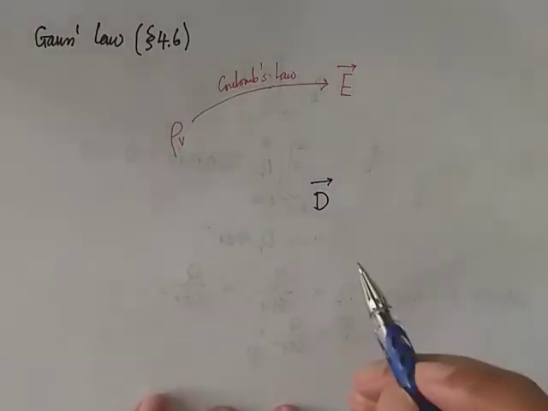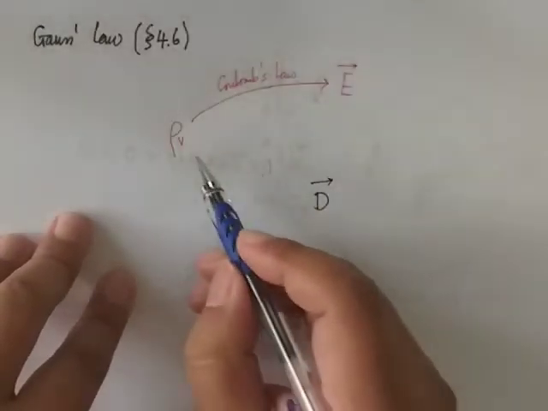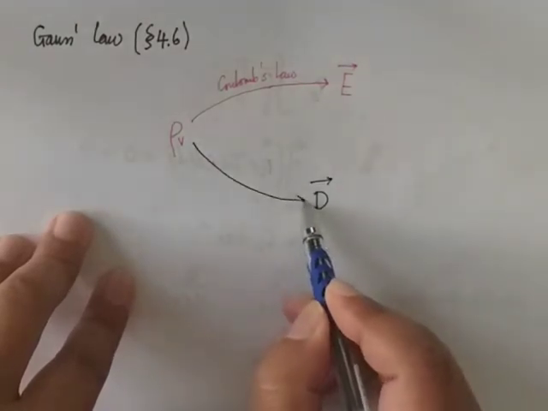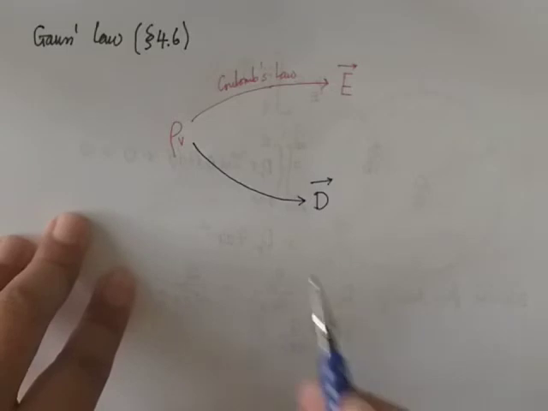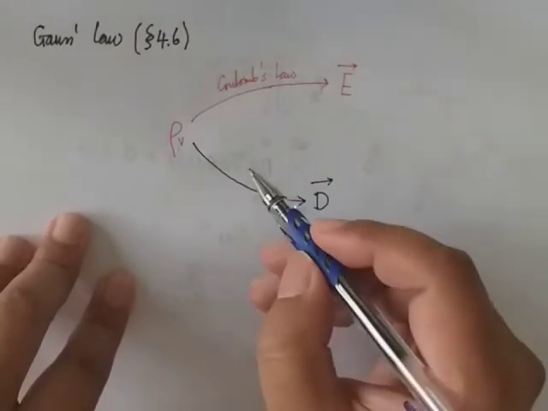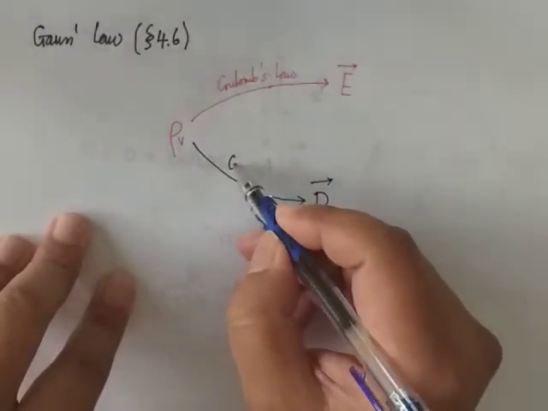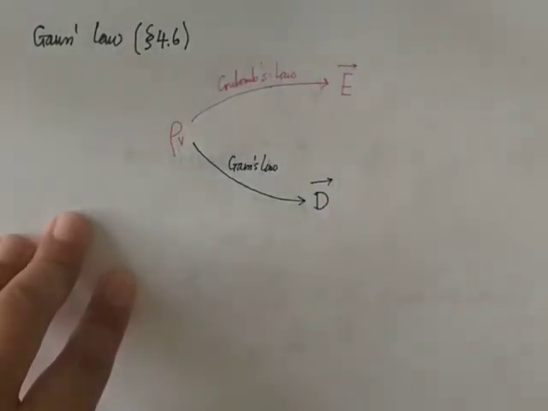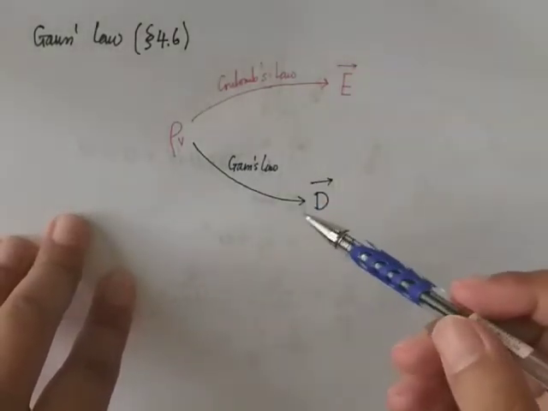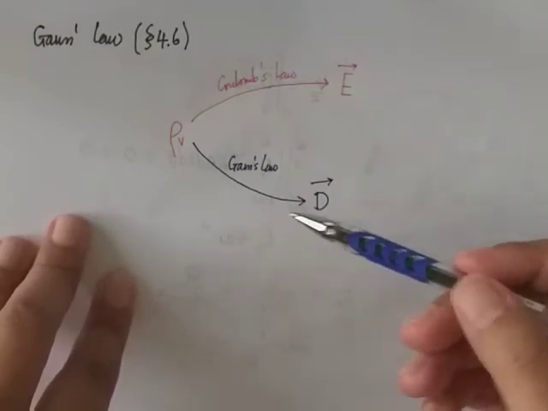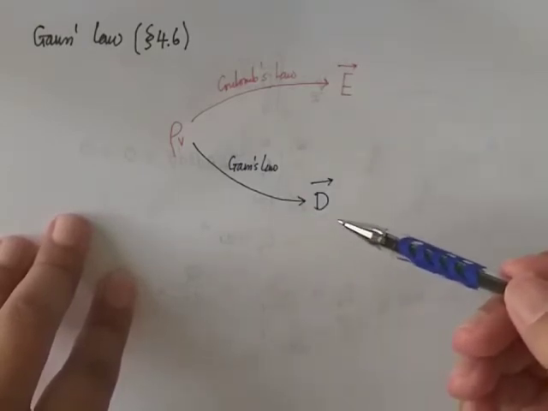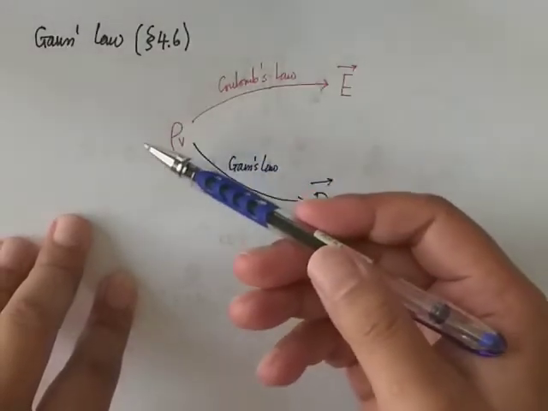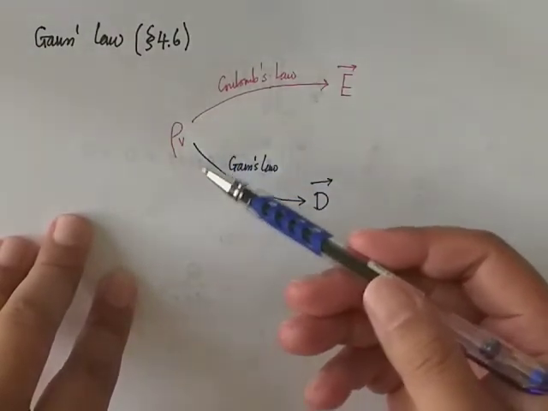For us to find D, we can use an alternative method, and this alternative method is known as Gauss's law. So for us, Gauss's law is just an alternative approach of finding D, finding the field when we are given a stationary charge distribution.